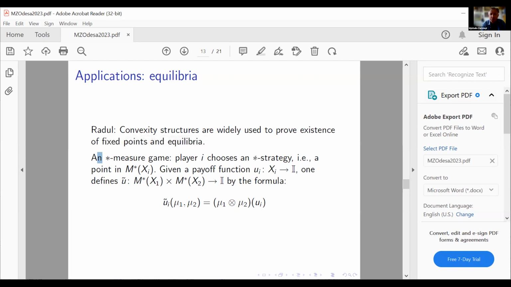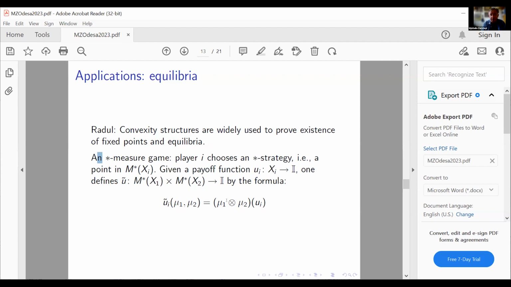Player I chooses a star strategy, which is a point of M star from X sub I. And given a payoff function defined on X_i, one defines the payoff function u tilde sub I, which is defined on the product of two spaces of star measures by the following formula.